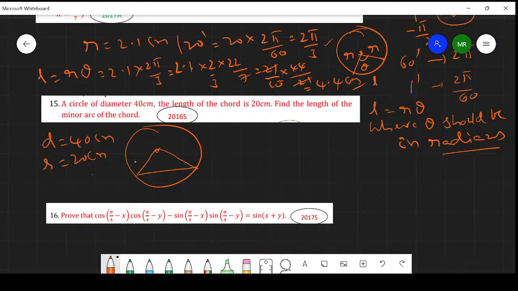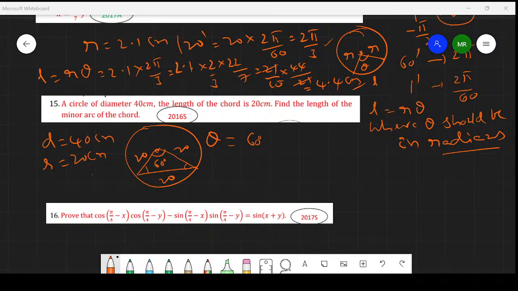This is the radius 20, length of the chord 20. This will be 60 degrees at the center of the circle. How did you get 60? Each angle is 60 only, because in an equilateral triangle all three sides are equal. We got theta equal to 60 degrees.